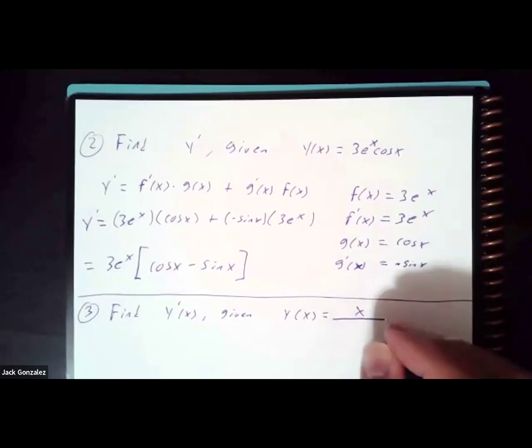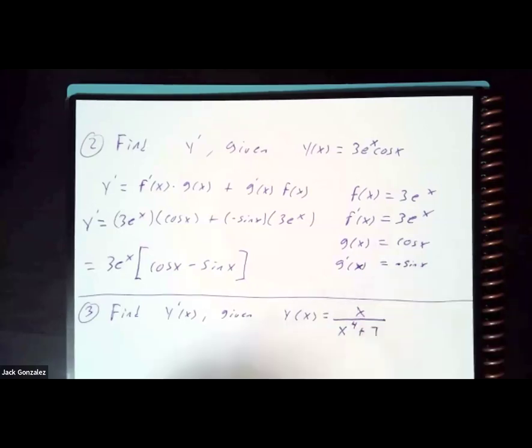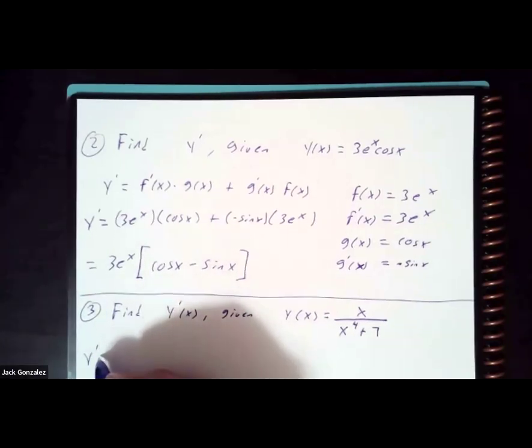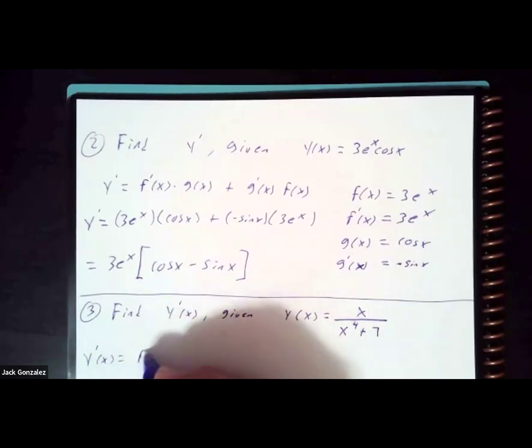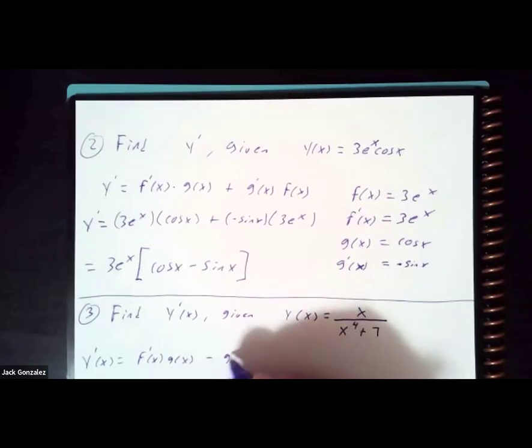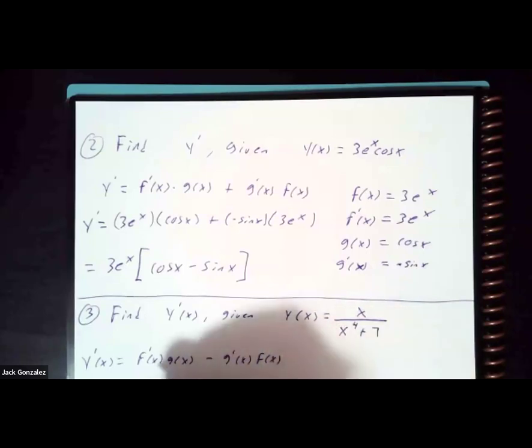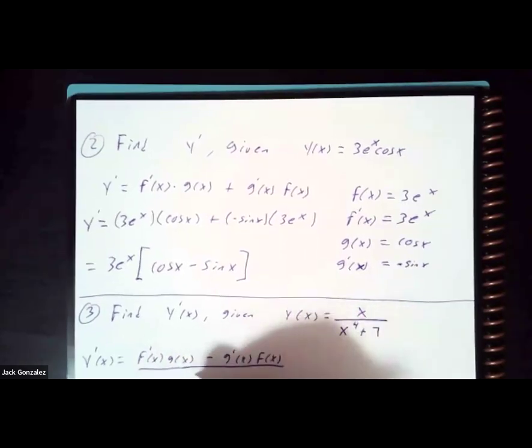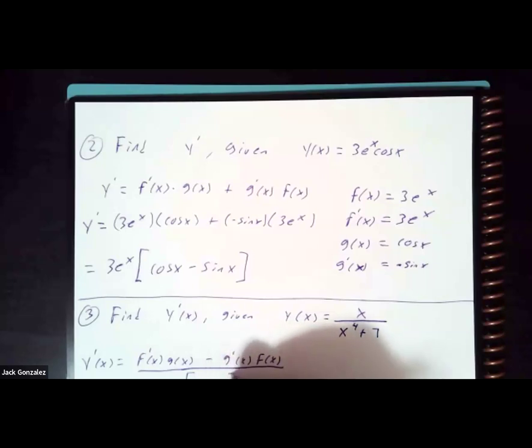So let's do a quotient. The derivative for a quotient is going to be f prime g minus g prime f over g of x squared.